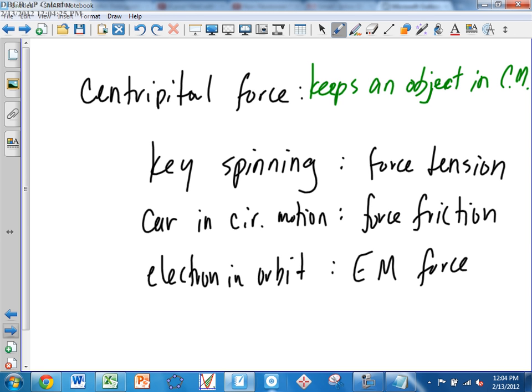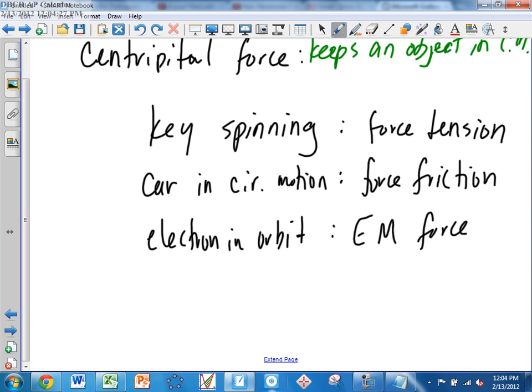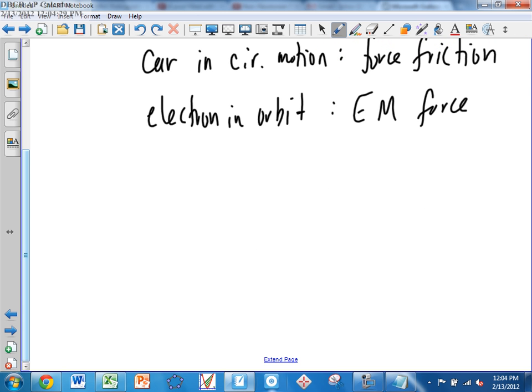Now, if we want to define this, let's quickly define it mathematically. We said a minute ago that acceleration was defined as Vt squared over r, where Vt was in absolute value. So if we want to think about force now, it's the simplest derivation you'll do all year. Start with F equals ma.